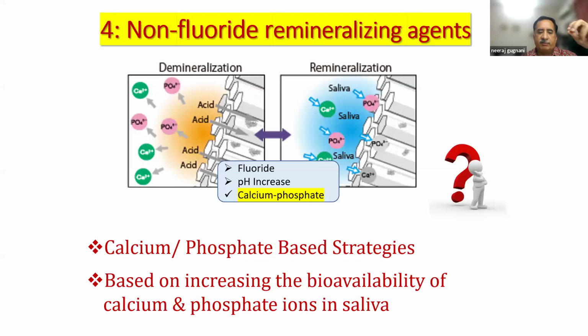So it makes wise, specifically for the high risk patients, to increase the bioavailability of calcium and phosphate ions in the saliva. The evidence about the use of fluoride is much higher than the NAFTAs. So no doubt NAFTAs are indicated, but only in case of high risk patients.